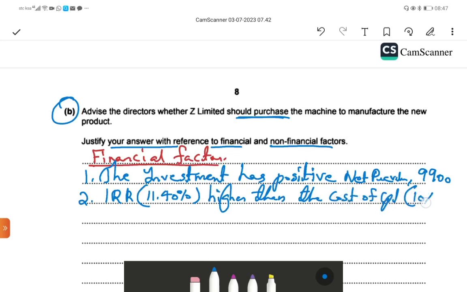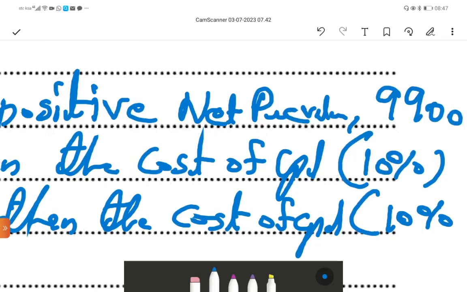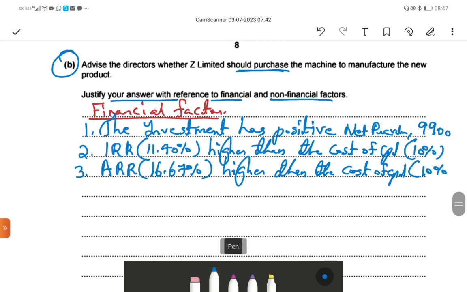Next, the ARR is also higher than the cost of capital. The third one, ARR. What was the ARR? Already calculated, the average rate of return is 16.67%, higher than the cost of capital of 10%. So we have written 3 points for the financial factor.